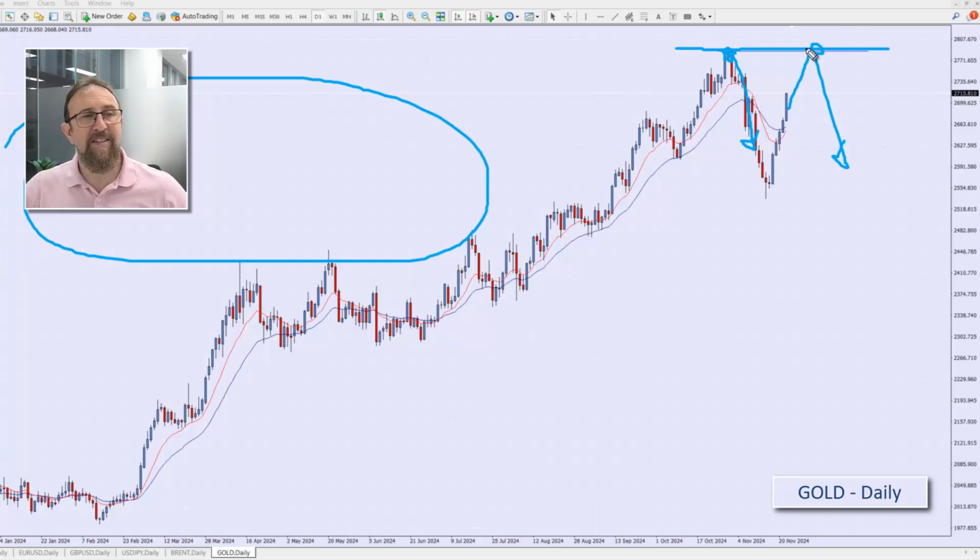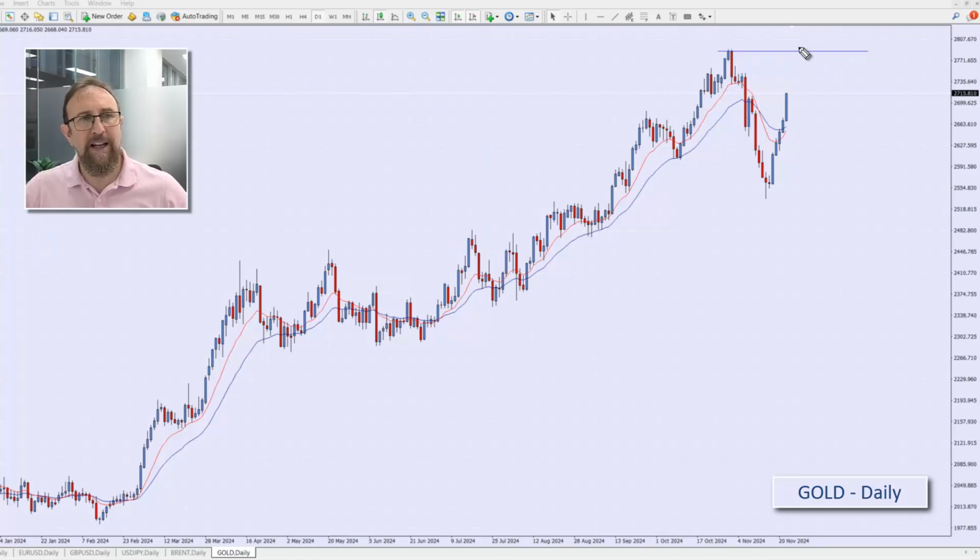When it tests it the second time, it can often create the double top and kick off. So as we approach there, let's look for a price action reversal in this region, and if we do get that, then that's our trigger to trade it downwards.